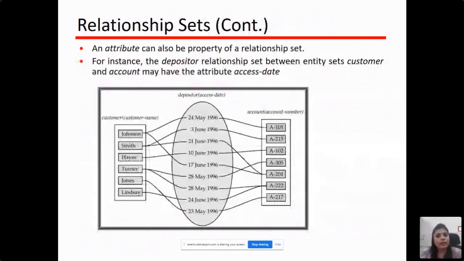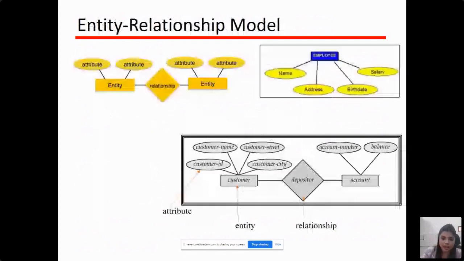Then we have a relationship set attribute. For instance, the depositor relationship set between the entity sets customer and account may have the attribute access date. Here we can see that customer and account are the two entities and the relationship is depositor. The depositor can also have an attribute.